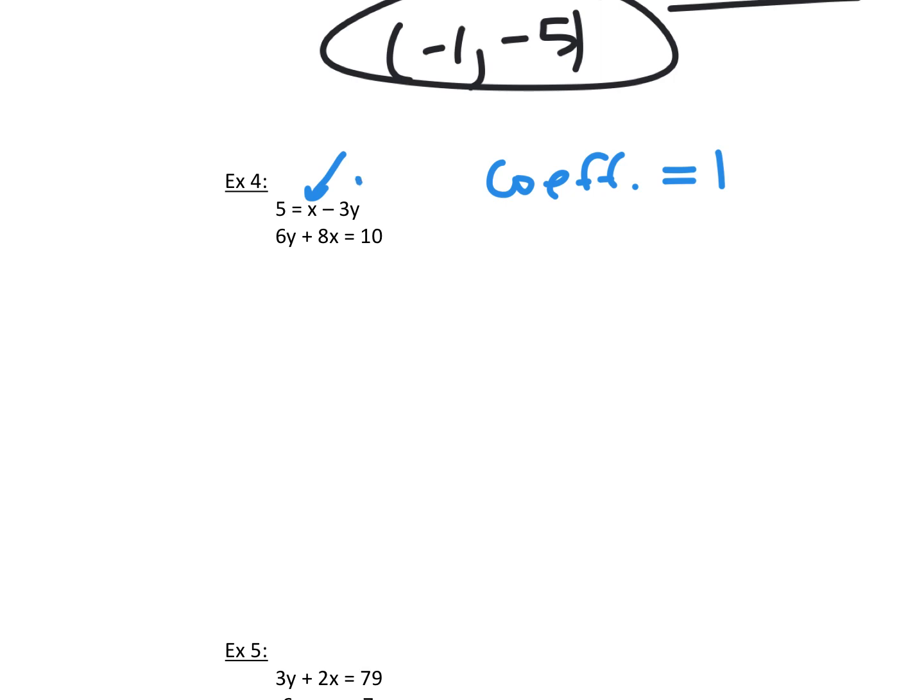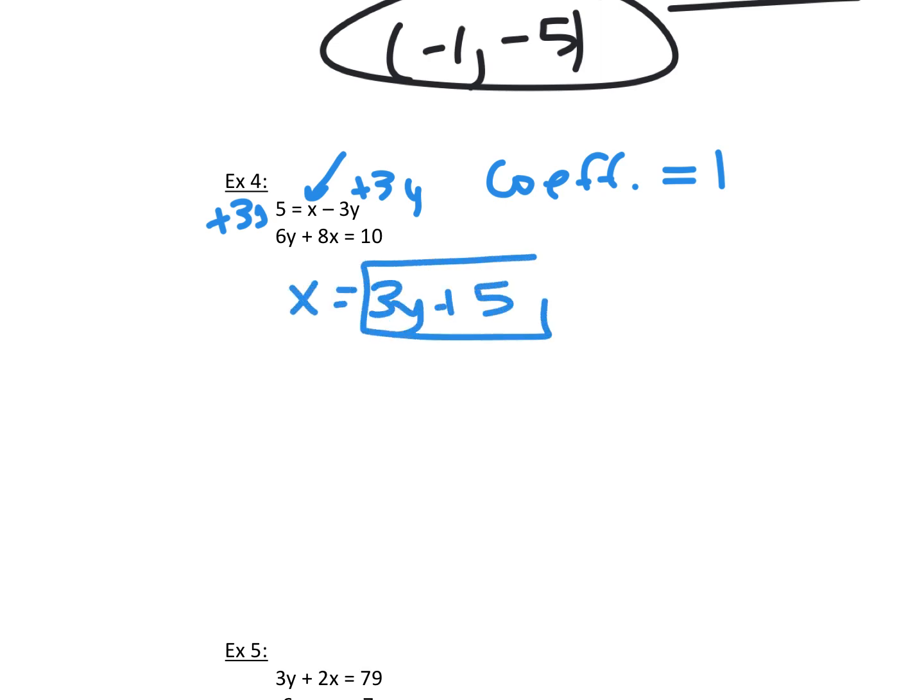So I will add 3y to both sides. That will give me the equation x equals 3y plus 5. Now I take that expression and I sub that in for x in the second equation. Whenever you're substituting an expression, the most efficient way would be to substitute an expression that does not contain fractions.